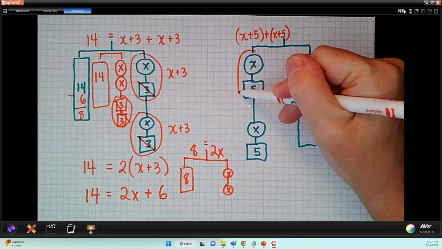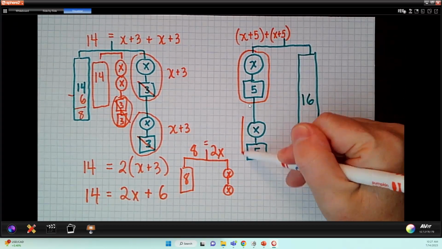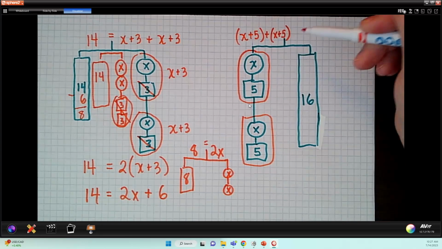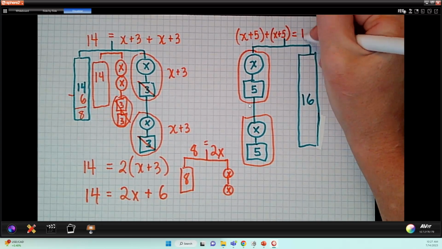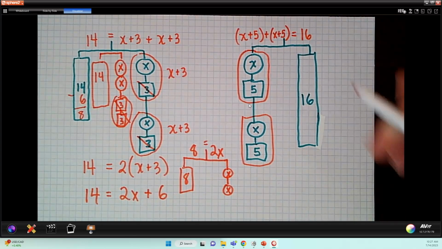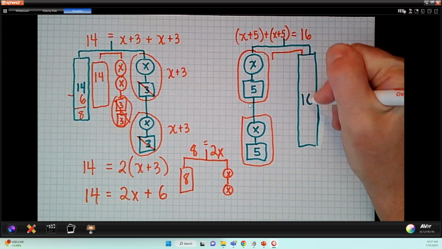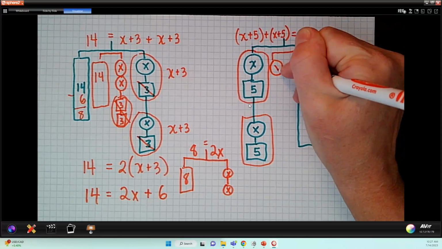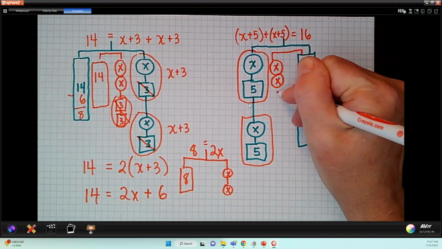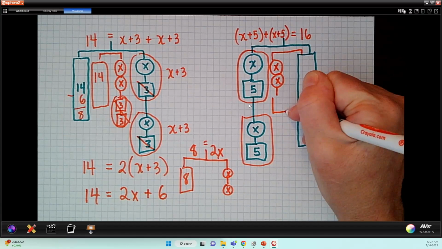So sometimes teachers will tell students to group them x plus 5 and then another x plus 5, and that is equal to 16. Again, they can redraw it, and again, we can leave this as 16, but we could organize this as x and an x, a 5 and a 5, which is 10.